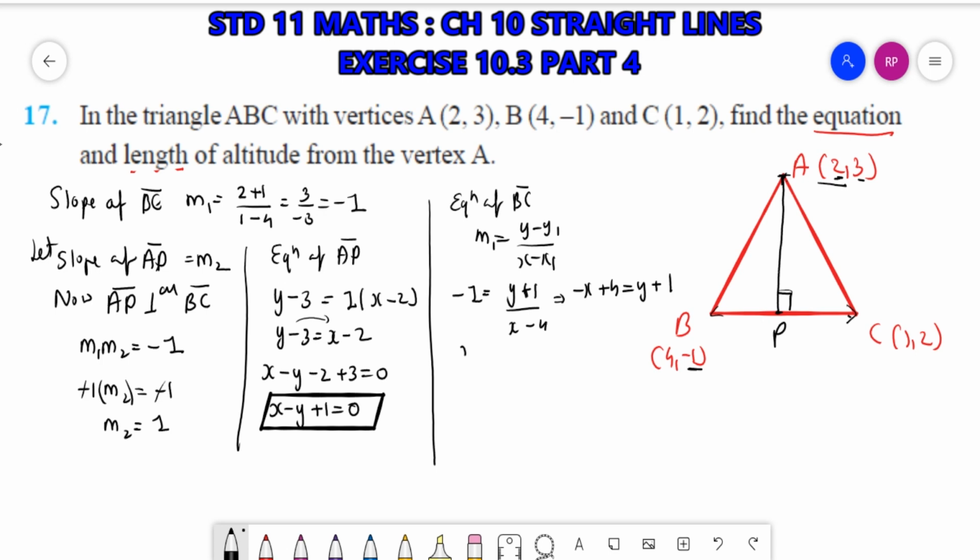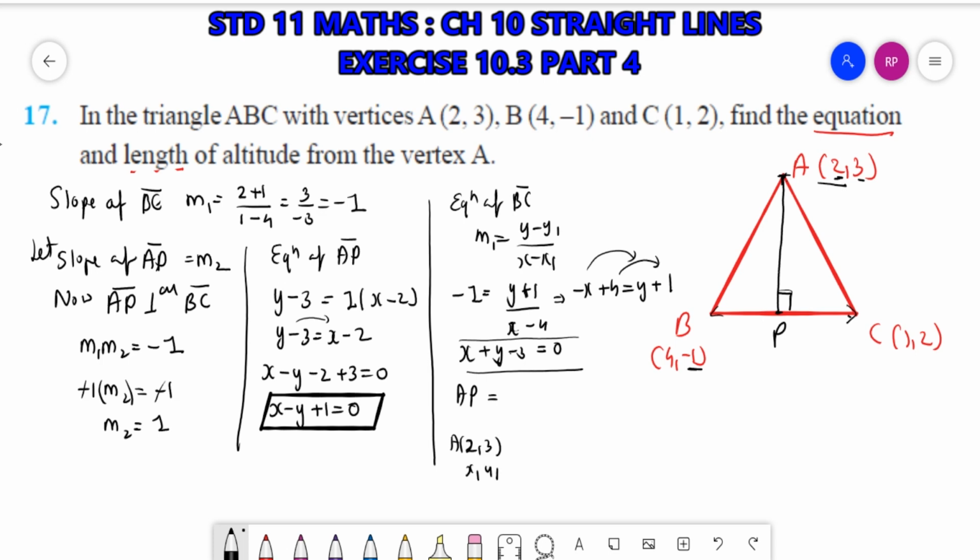So the equation will be, moving to the other side, x plus y, 4 it will be minus 4, so 1 minus 4, that is minus 3, equal to 0. So x plus y minus 3 equal to 0 is the equation of BC. Clear? Now for that I will take this point A (2, 3) as x1, y1.